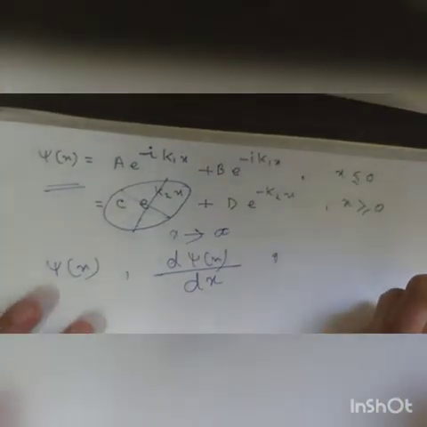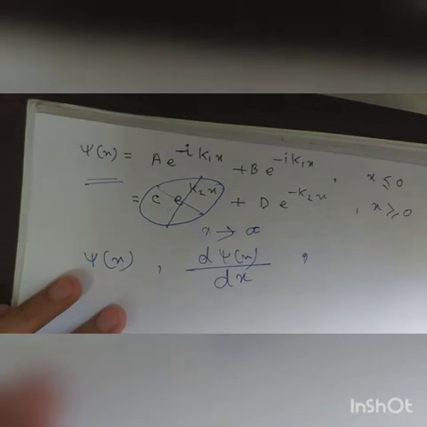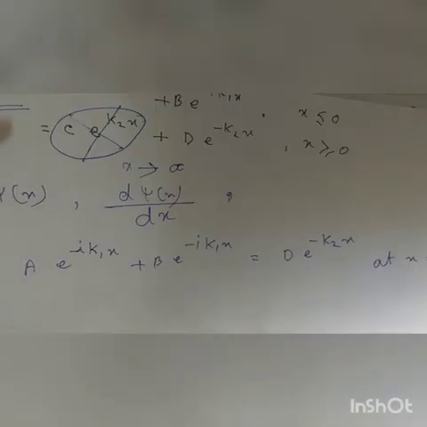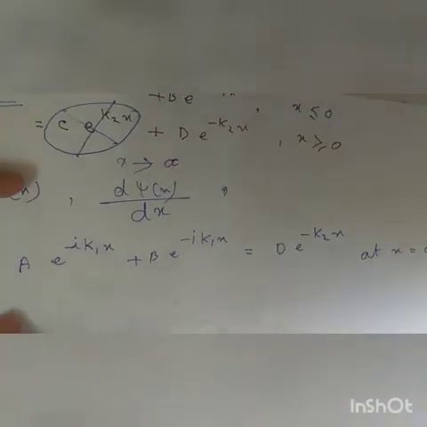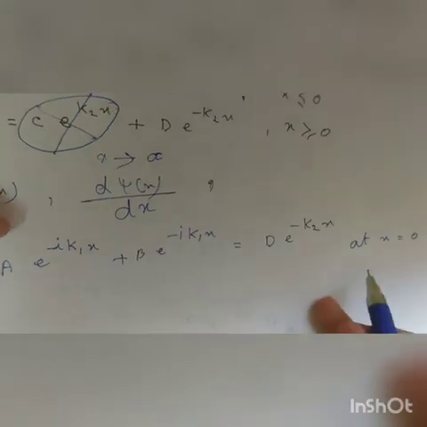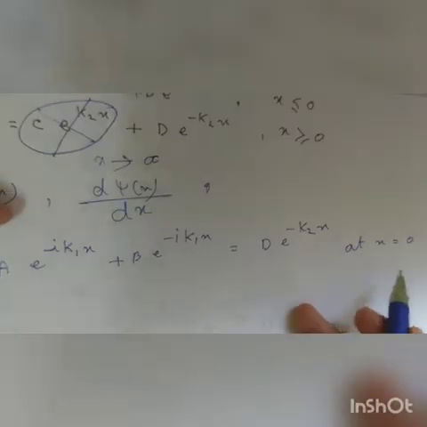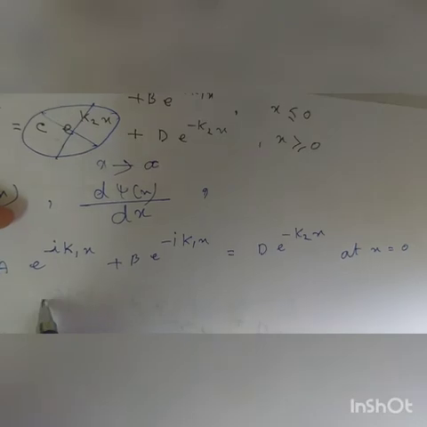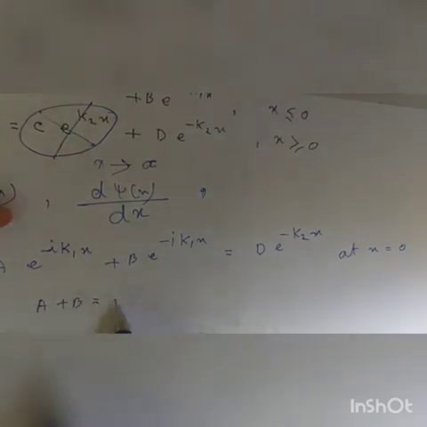For that, I'm writing the equations. These two eigenfunctions should be equal at x equals 0. Putting x equals 0, it will give a plus b equals d.